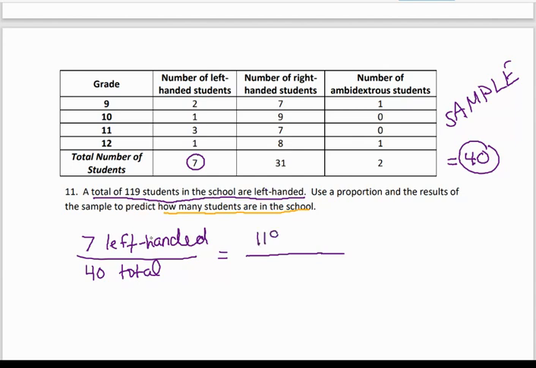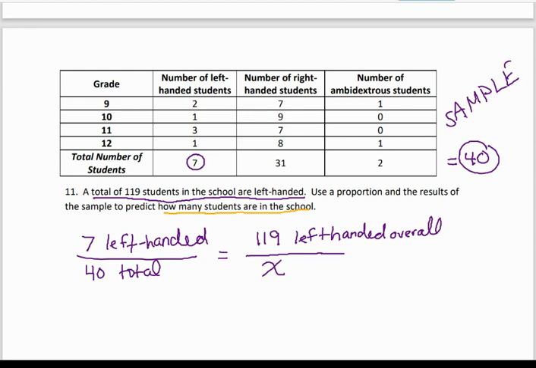So now 119 will be up top. So again, the 7 left-handed was the 7 from the sample. The 119 left-handed is the 119 left-handed overall in the school. So notice it matches left and left. Now the bottom was total, so I need to have total. And that's what we're looking for. It says how many students were there. So that's my X. We don't know. Does everybody understand how I set that up?